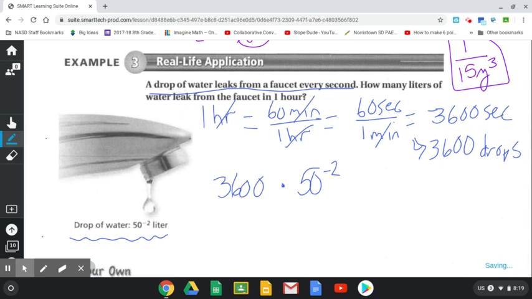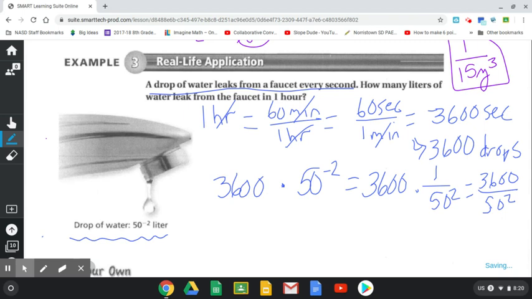Now we know we don't want that negative exponent, so we're going to rewrite this as 3,600 times 1 over 50 to the second power. So 3,600 times 1 is 3,600 over 50 squared.